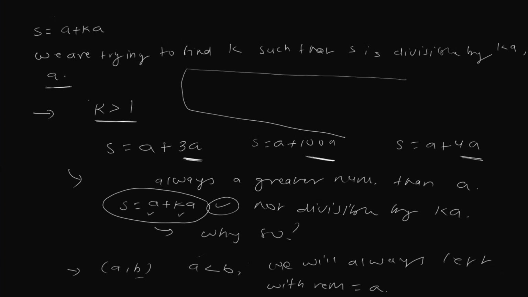When b is greater than a, and it is a multiple of a, in this case a multiple of k, then we are not going to get remainder 0 when we divide the sum by ka, because this is simple.